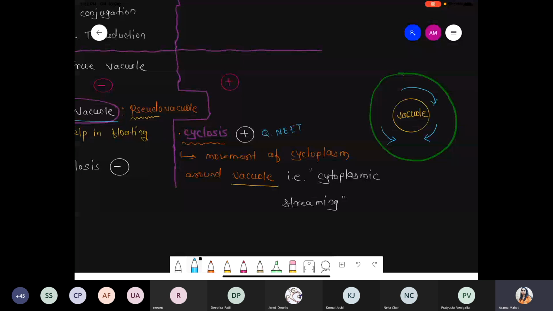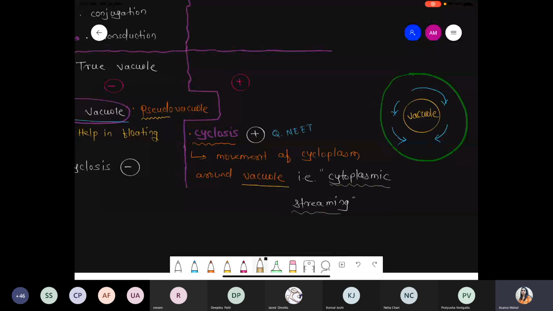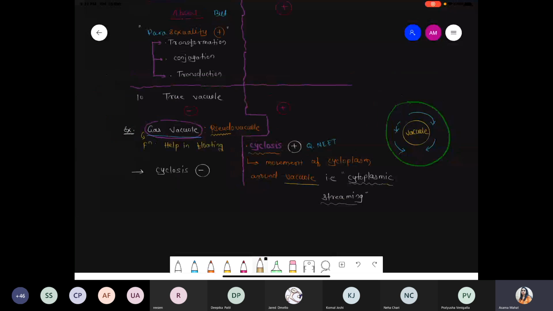Such movement of the cytoplasm around the vacuole is simply called cyclosis, also called cytoplasmic streaming, which is totally absent in prokaryotes, but present in eukaryotes. Got it? So any doubt about cyclosis?